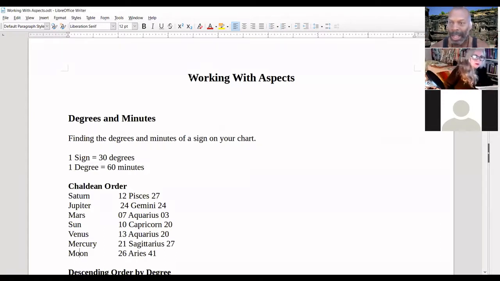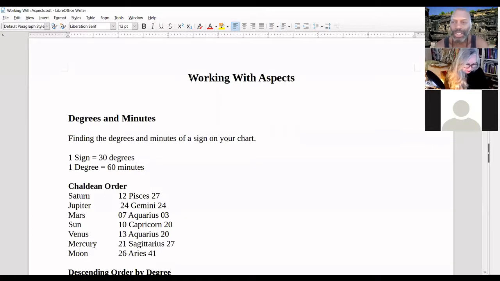On the left side, it'll have a number that will go no higher than 30. Those are the degrees that the planet has just traversed. The other side will go up to as much as 59, because those are the minutes that are getting us closer to the next degree.